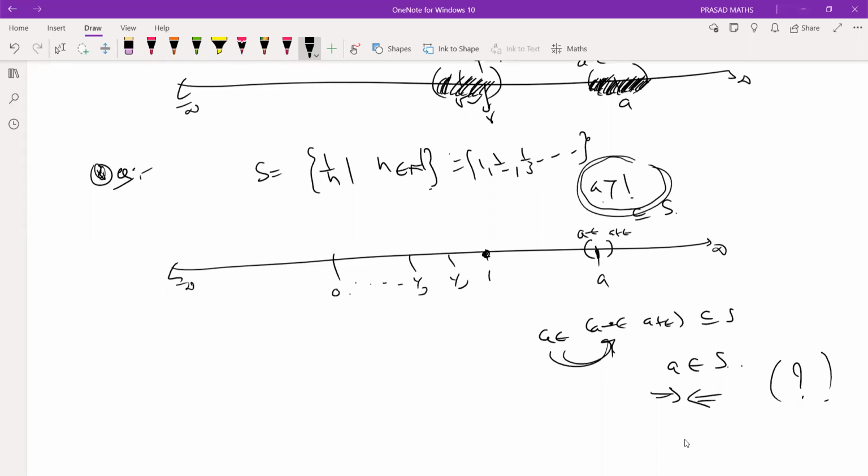Suppose you take this point. Is the set a neighborhood of 1? No, because this neighborhood contains so many rationals and irrationals, so it should not be contained in the set. Is the set a neighborhood of this point? The answer is again no, because you give me any neighborhood, it is not inside the set, since it contains so many rationals and irrationals. What about this point? Also not.